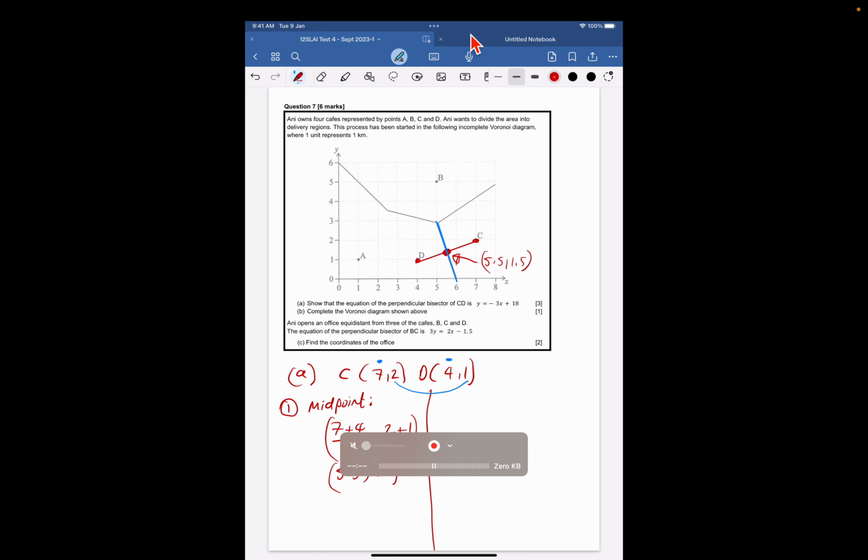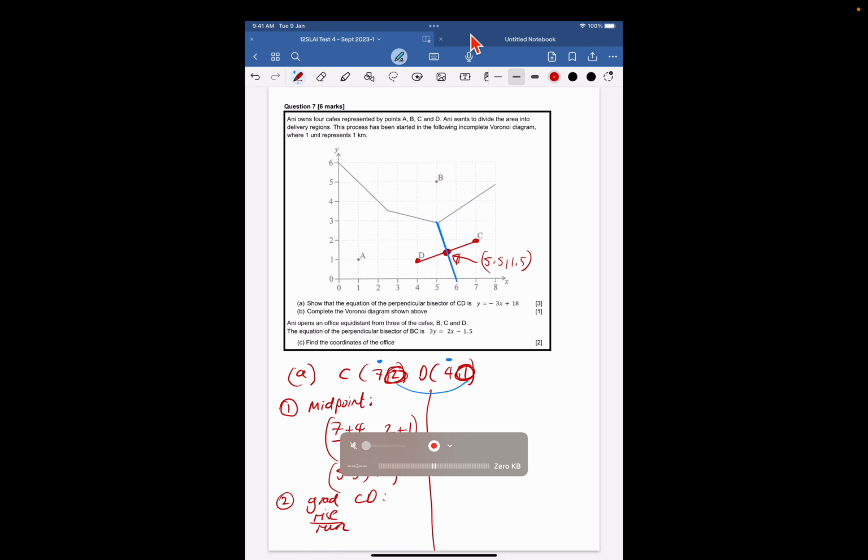So this guy here on the diagram is 5.5, 1.5, and that fits really, doesn't it, with the diagram we've got. Okay, 2, we want the gradient of CD. Now gradient of CD is rise over run, and rise is how much the line rises. The difference here is 1, and across is 7 and 4 is 3.